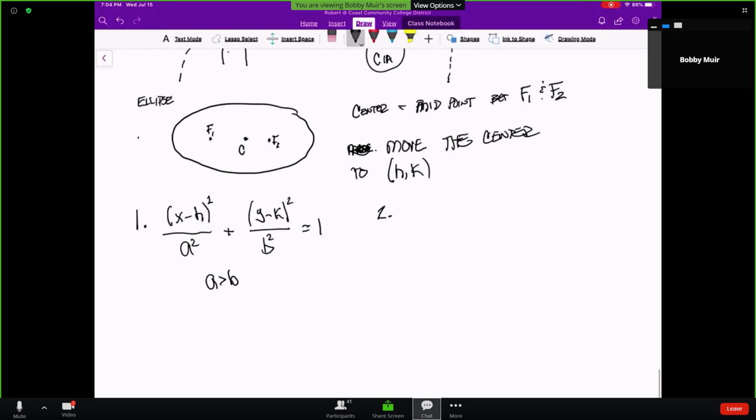And the other one would be (x minus h) squared over b squared plus (y minus k) squared over a squared equals 1.